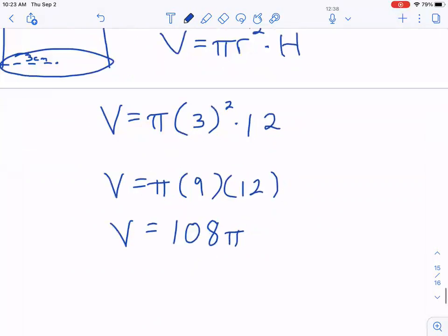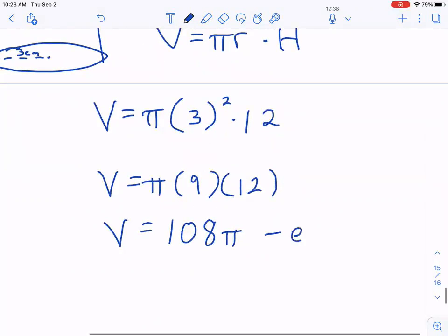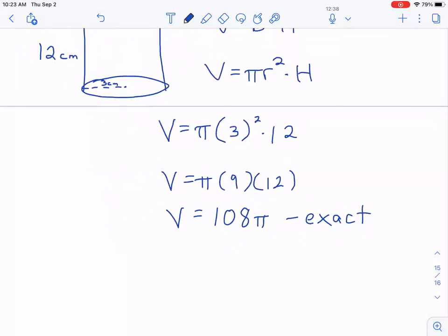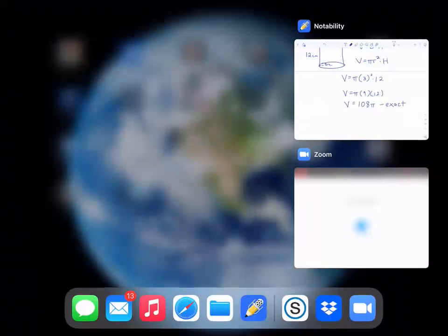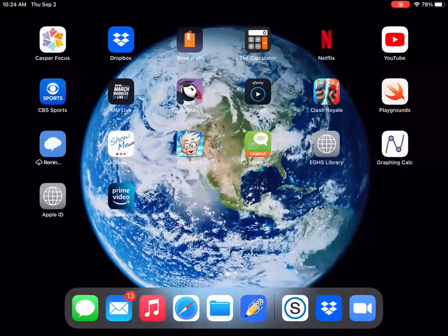If anything ever asks you for an exact answer, we just leave it like this. But much of what we do will ask you for an approximate answer. So I'm going to pull up my calculator in a second and do 108 times 3.14.